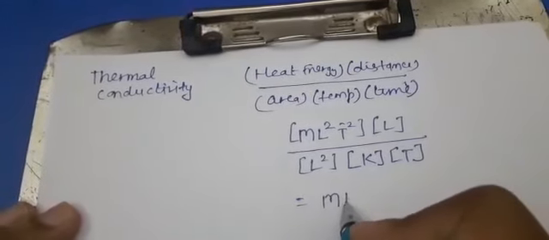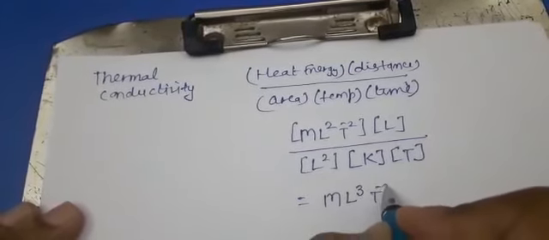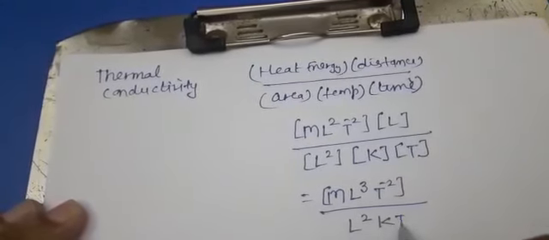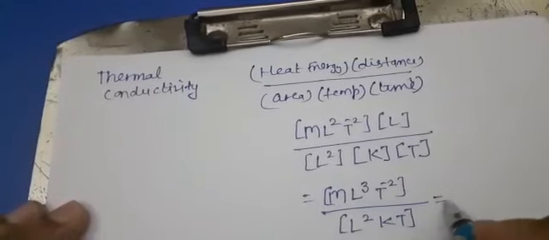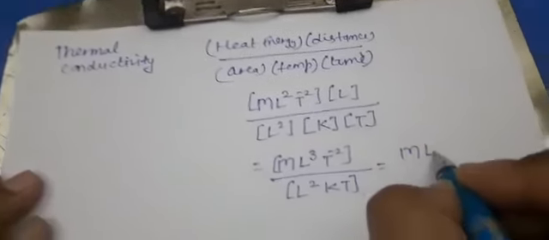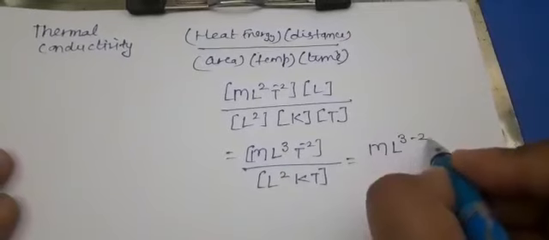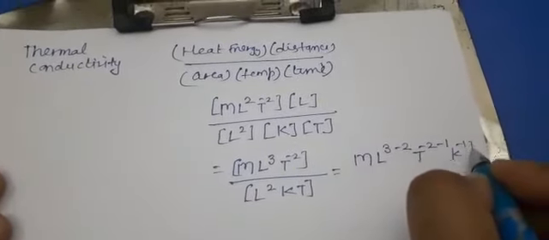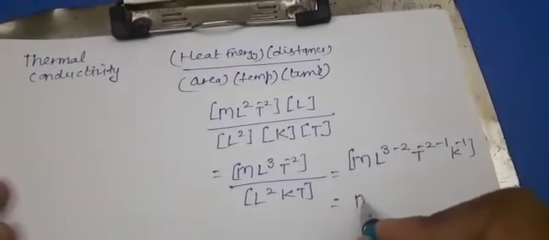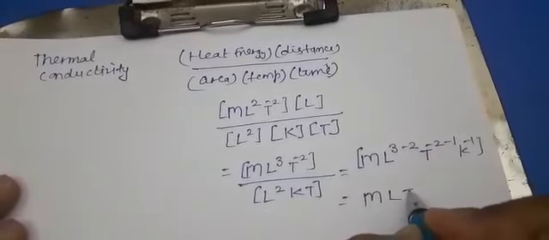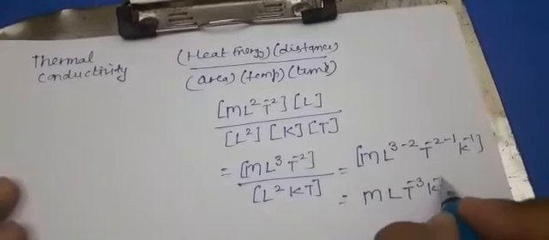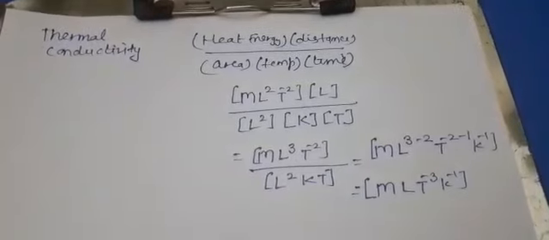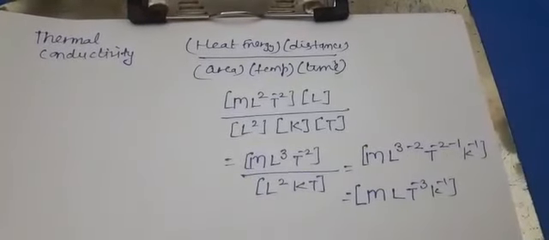Arrange numerator and denominator: ML^3 T^-2 in the numerator, and L^2 K T in the denominator. Arrange all the terms in the numerator: M L^(3-2) T^(-2-1) K^-1. It is M L T^-3 K^-1. So this is the dimension formula of thermal conductivity.